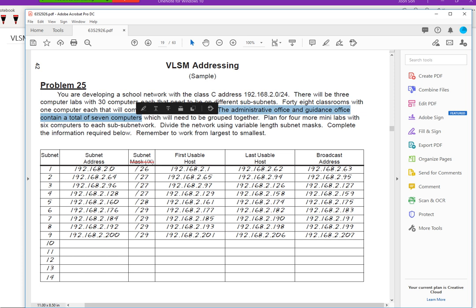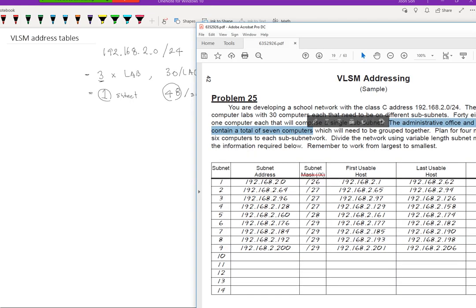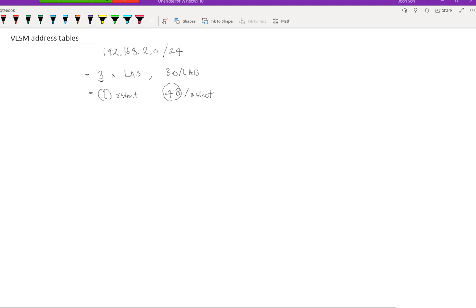So I think this is 1 subnet with 7 computers. We need 1 subnet because they said they're going to group together the admin office and guidance office, with a total of 7 computers for this subnet.